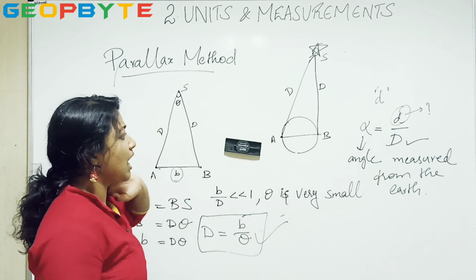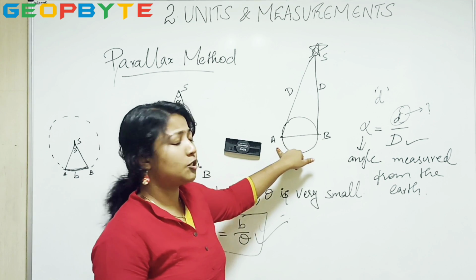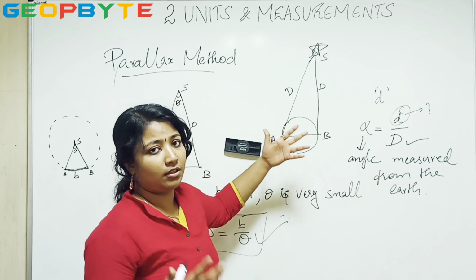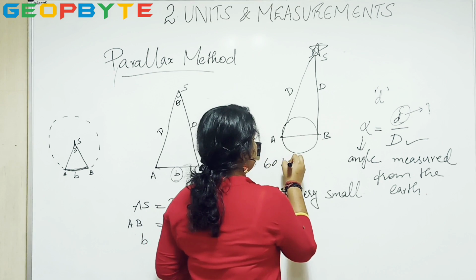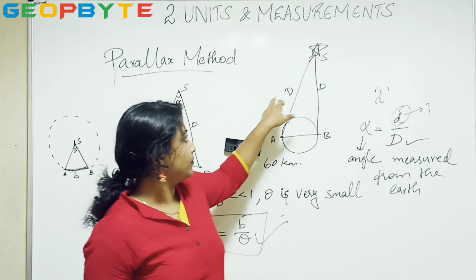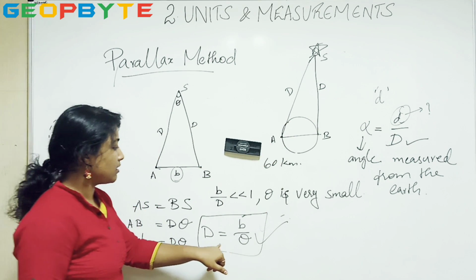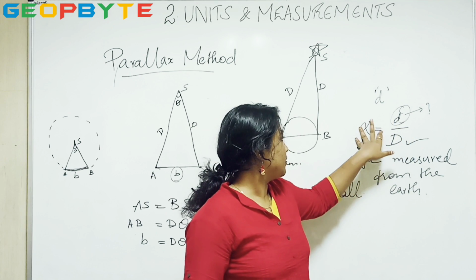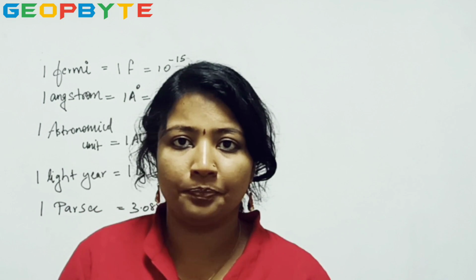Sometimes the problem may ask, if the distance between two observatories is some 60 kilometers, and if this angle is given, you can find D. And if they ask to find the angular diameter, use this formula. So that's about the parallax method.